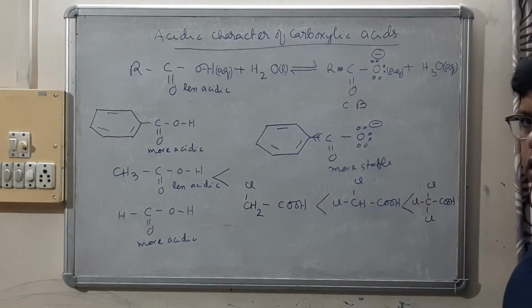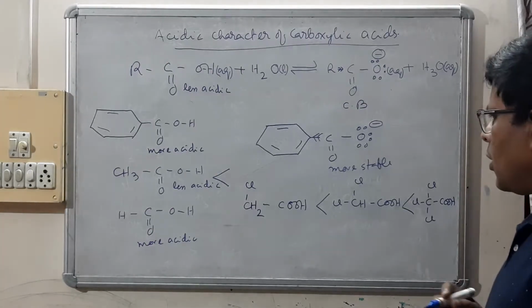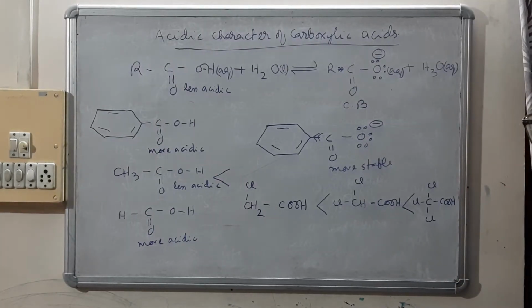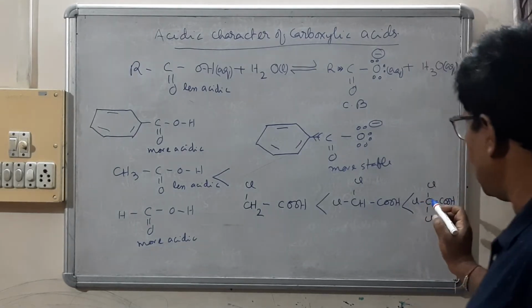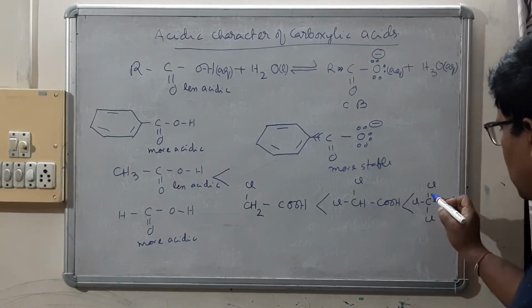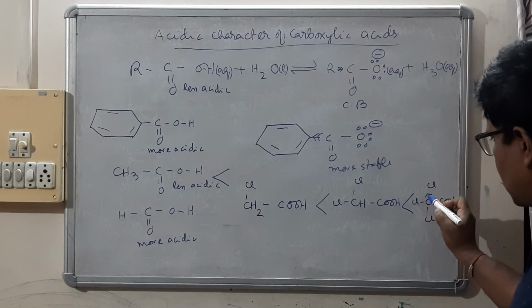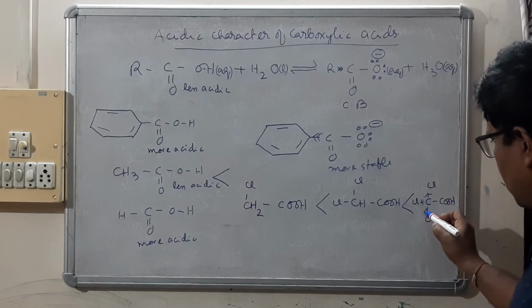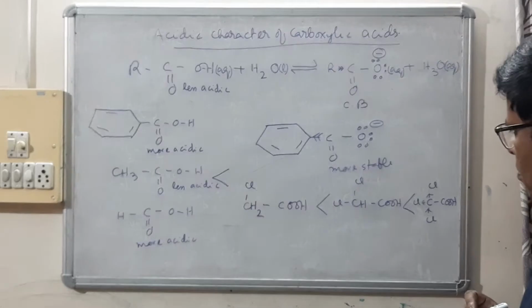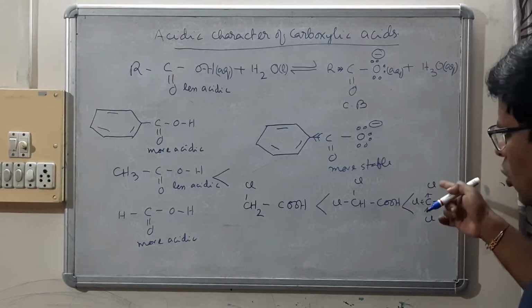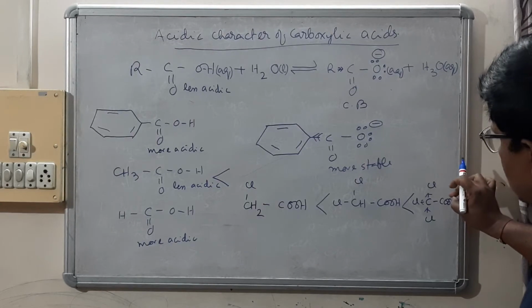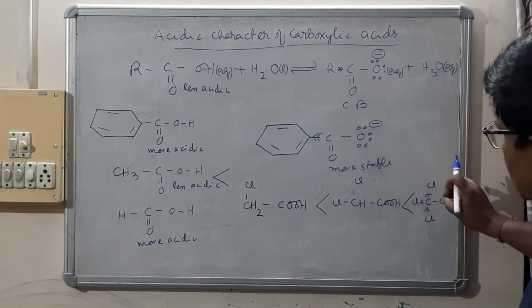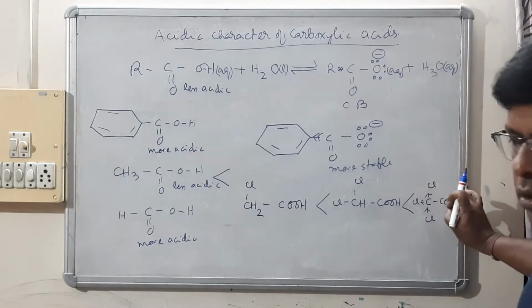The acidity order is like this. This can be easily explained. It is because here there are 3 chlorines, and these 3 chlorines have got minus I effect, and because of minus I effect, the negative charge on the conjugate base will get more delocalized.